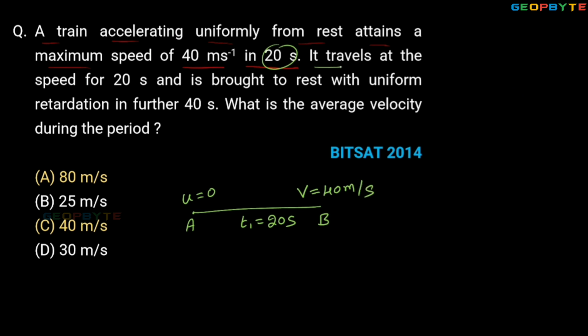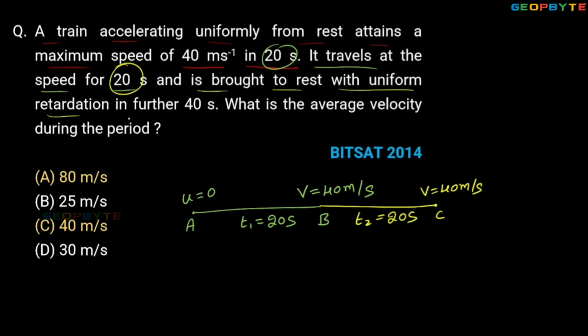Okay, it travels at the same speed for 20 seconds from B to C. Let me change the color of the marker. From B to C, it is traveling with the same speed. At C also, velocity equal to 40 meter per second, but the time period T2 also equal to 20 seconds, and it is brought to rest with uniform retardation in a further 40 seconds.